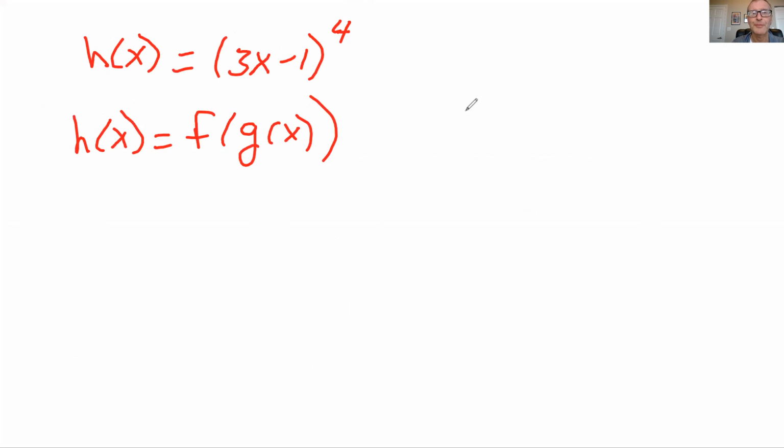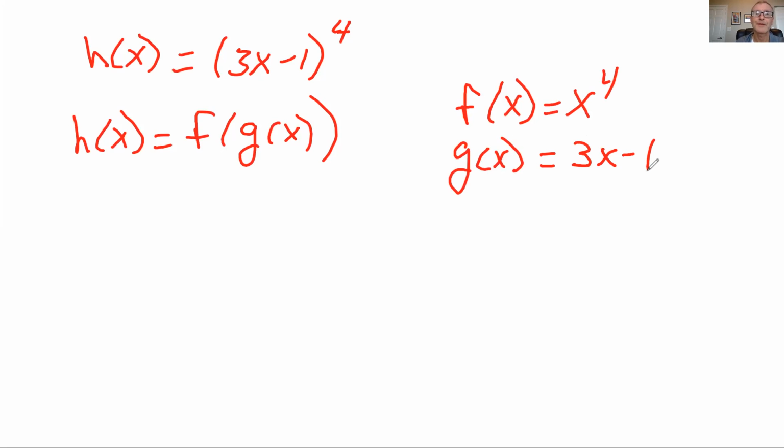So if you do f of x equals x to the 4th, then g of x is just what's going to go inside there, right? So that would be g of x equals 3x minus 1. And when we do this, it would be f of 3x minus 1, and when you plug that in, it would be 3x minus 1 to the 4th.